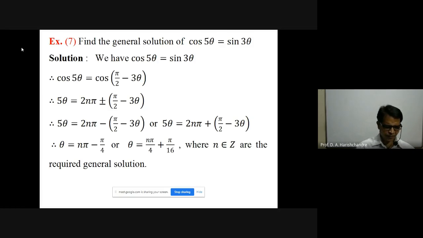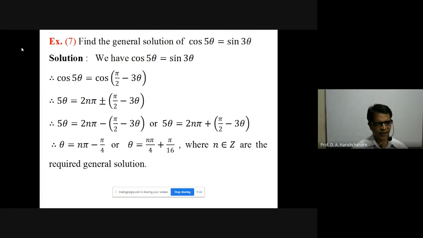Again simplify these equations into the most simplified form, most appropriate form, so that the solution will be in the pure form of theta. That you have to keep in mind.